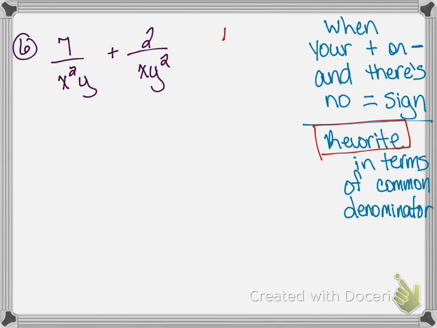I need to find my LCD, and if I rewrite this, it may be a little easier to see. Okay, so I have x squared, which is x times y. So in my LCD, I've got to have an x, I've got to have another x, and I've got to have a y. Now, I wrote it out like this, and this is technically using prime factorization because in my denominator, I don't have any pluses or minuses.